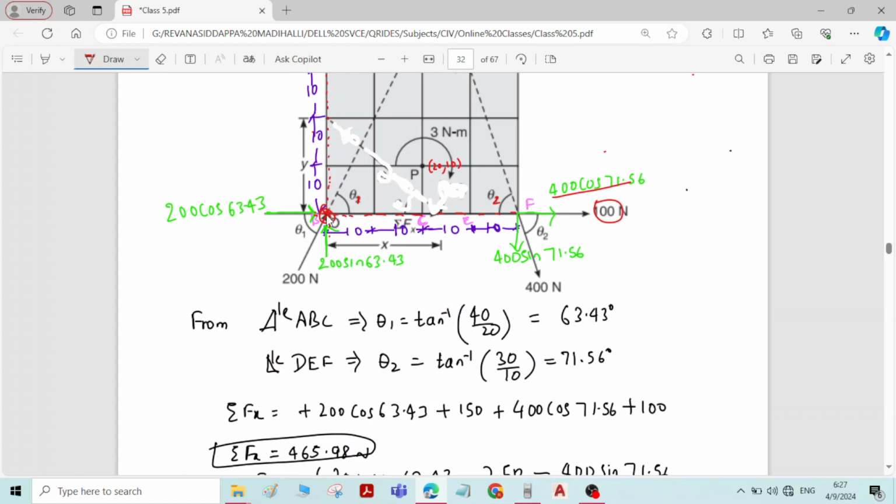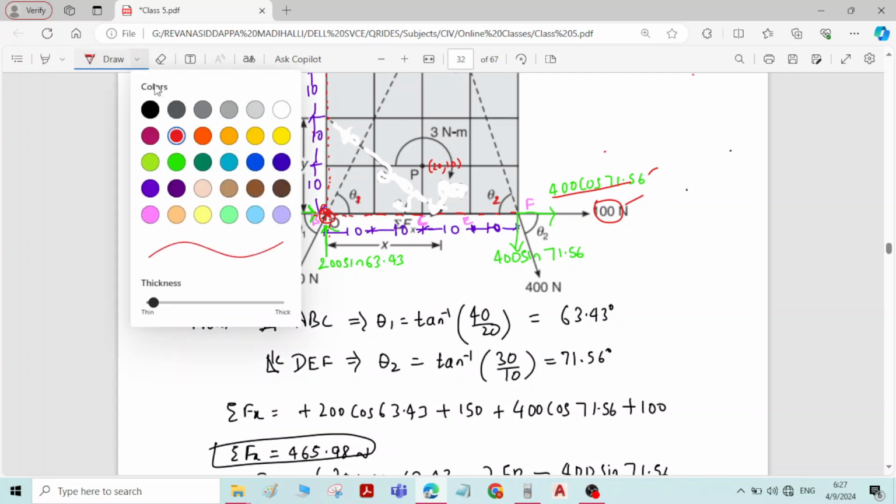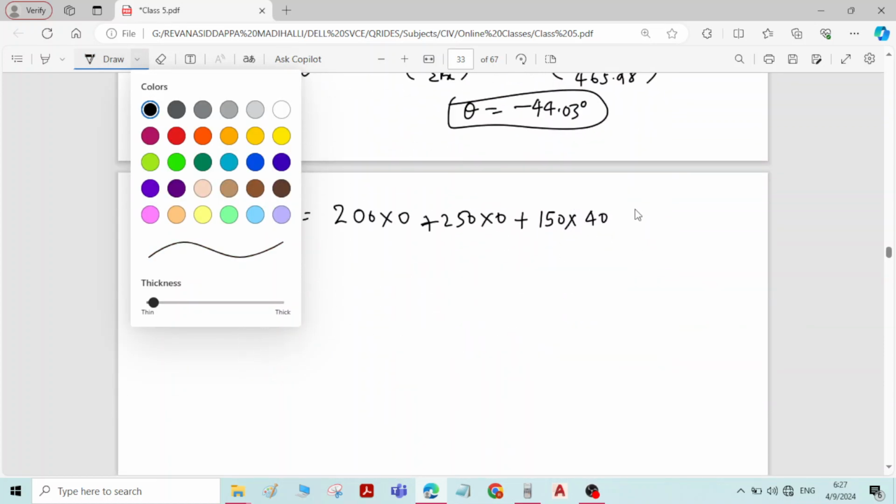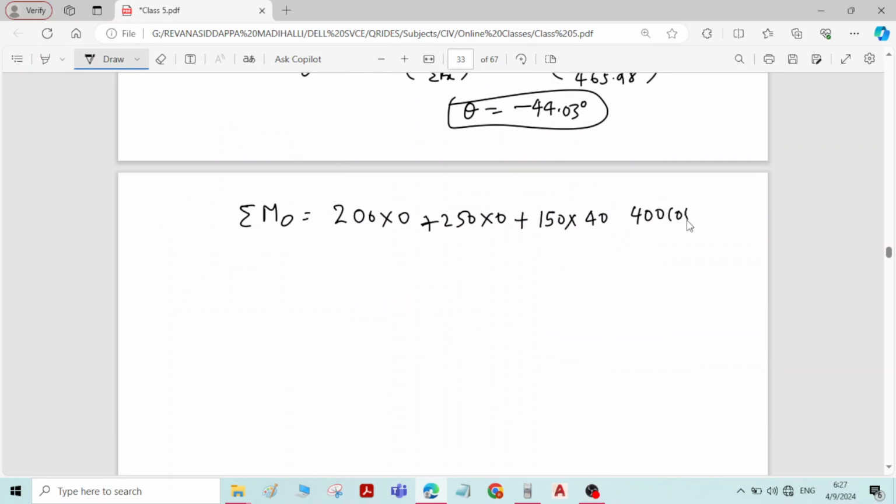There is no distance of point O from the line of action. So moment of both the forces becomes 0. Let me write the same thing here: 400 cos 71.56 into 0 plus 100 into 0. So plus or minus, it will be 0 only. Even if you do not write this calculation, no problem, because its value is 0.